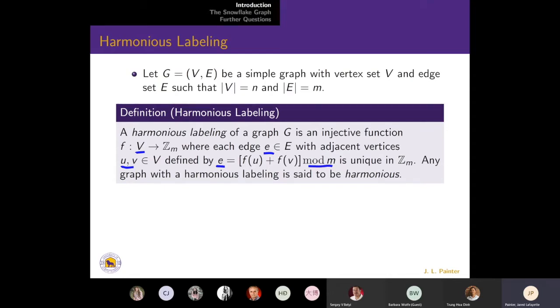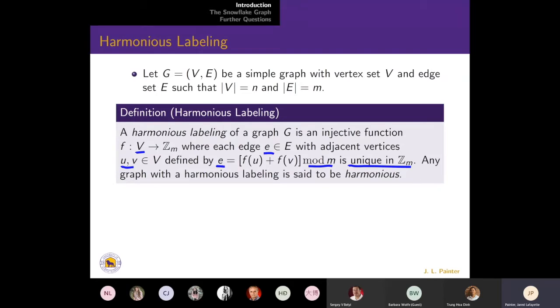So basically, if I have a vertex labeled 5 next to a vertex labeled 3, and 5 plus 3 is equal to 8, then we label that edge 8 when we go mod the number of edges.